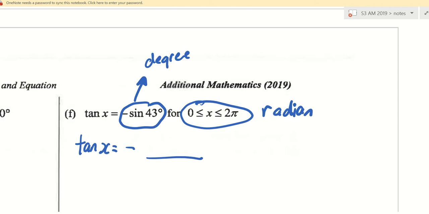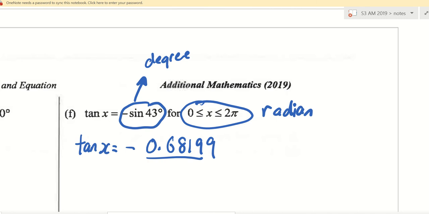I copied the negative sign down already, so I want to know, sine 43 equals what? Negative 0.6819. One more, 9.